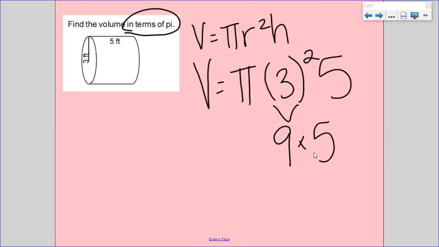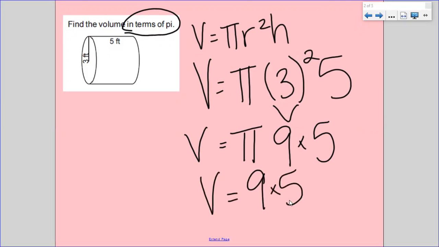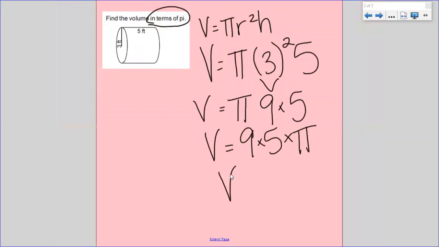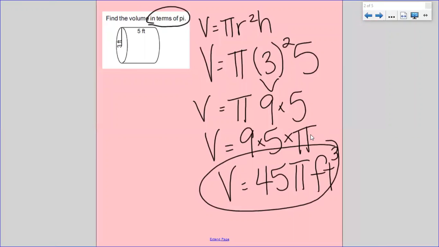Then it's times 5, and then times pi. So volume equals 9 times 5 times pi, and that leaves us with 45 pi feet, and since it's volume, it's cubed. Final answer. Okay, 3 times 3 is 9, people, not 6, so be careful with that.